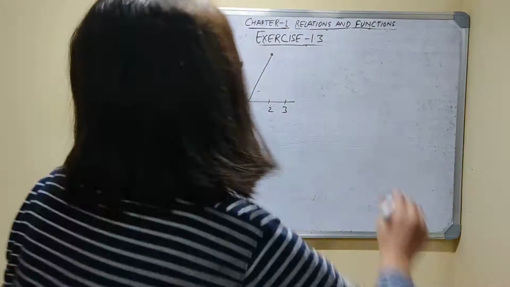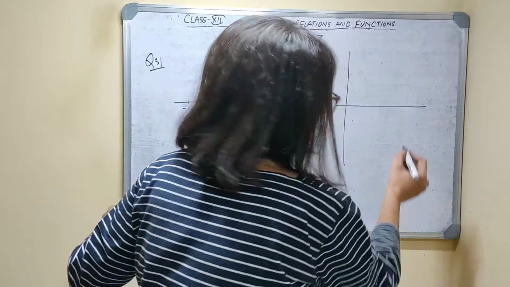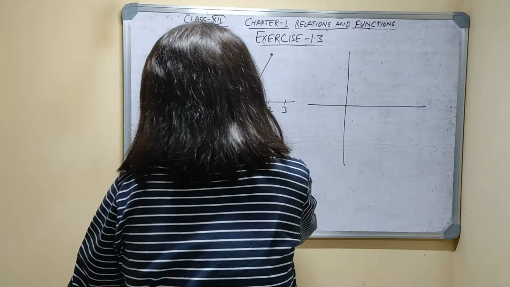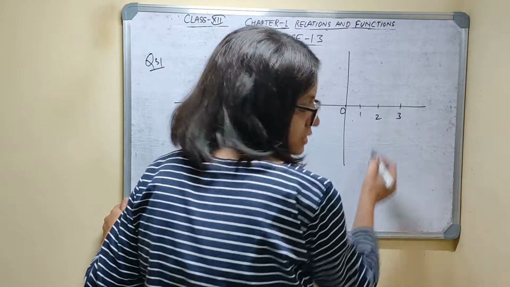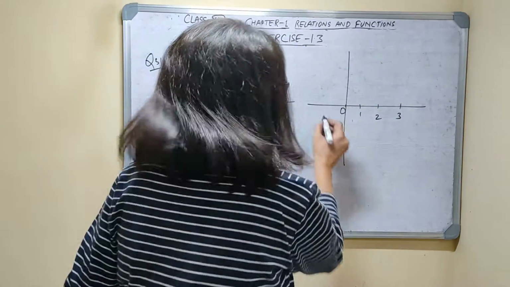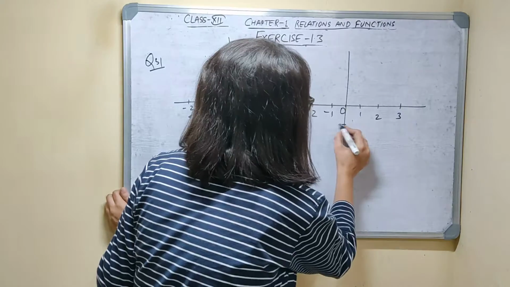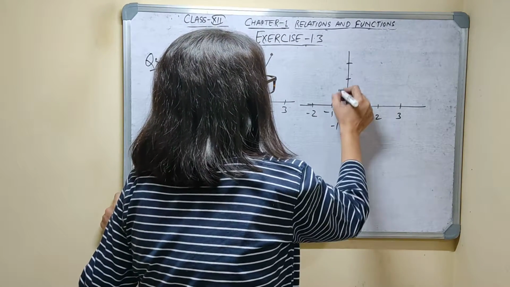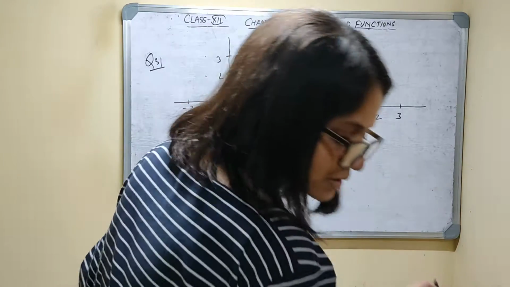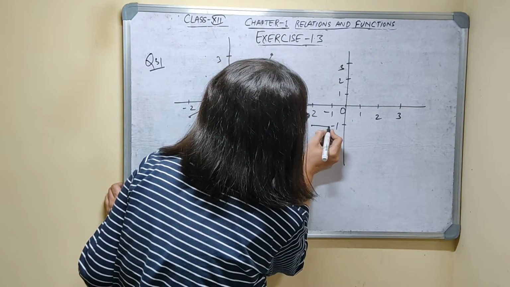So first I will draw both the graphs. Then I will solve. 0, 1, 2, 3, minus 1, minus 2. Minus 2 to minus 1, it is one line.